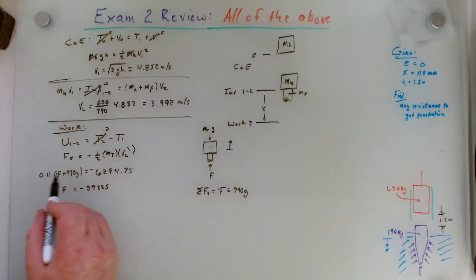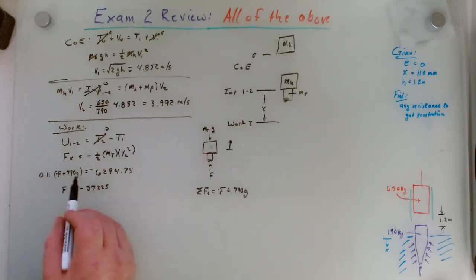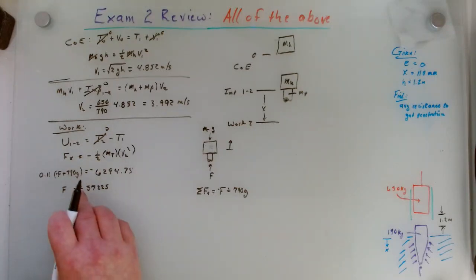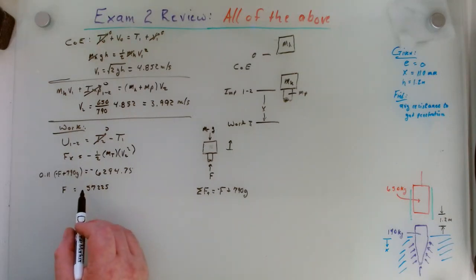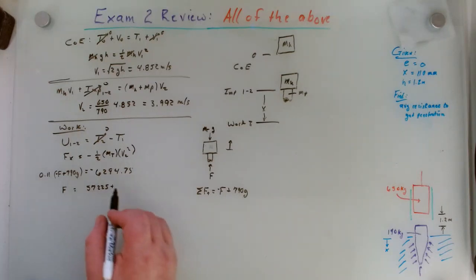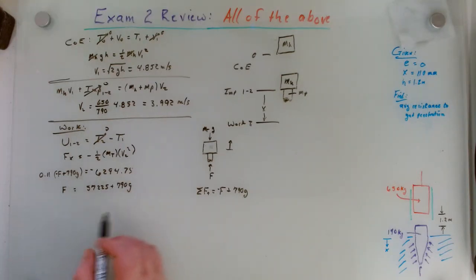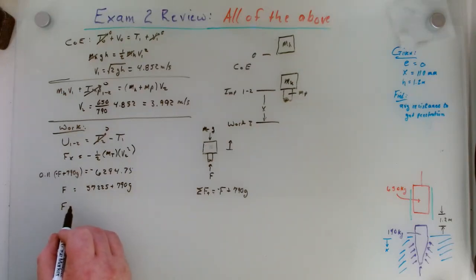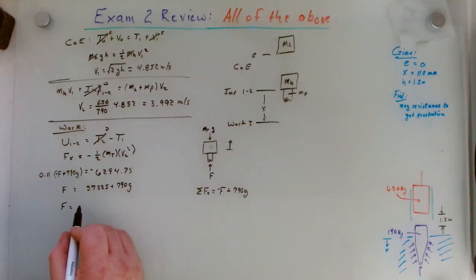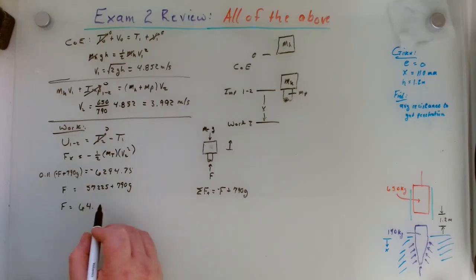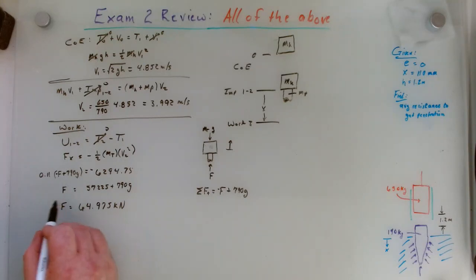So then here, if we multiply everything by -1, then this ends up being 57,225 plus 790 g, which makes more sense. So F then equals this plus 790 times 9.81, and that gives me 64.975 kilonewtons. There we go.